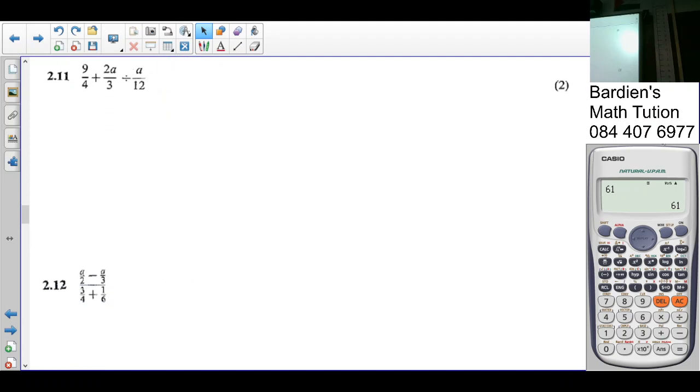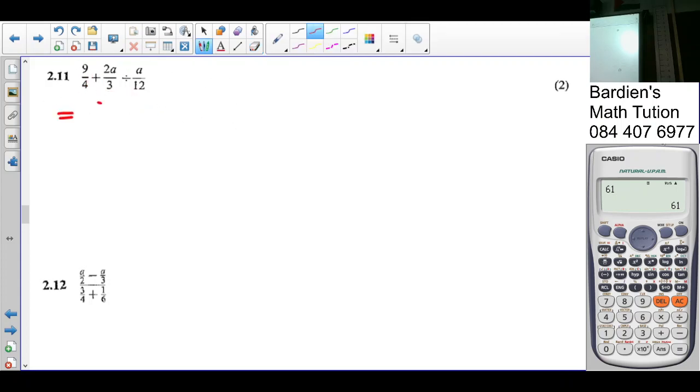In 2.11, sorry? Right, we're going to do until the bell rings now, okay? The 2.11, what needs to be done first? How many terms are here? 2 terms, yes. What separates terms? Plus and minus. Another word for 2 terms?